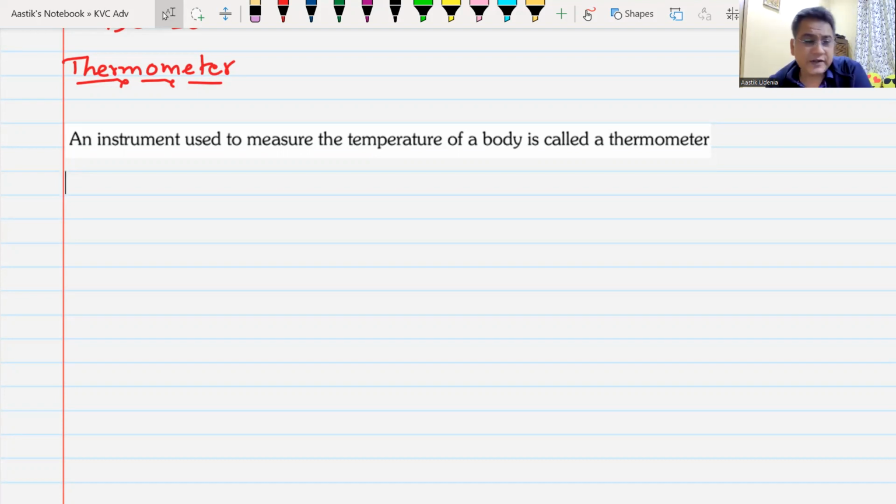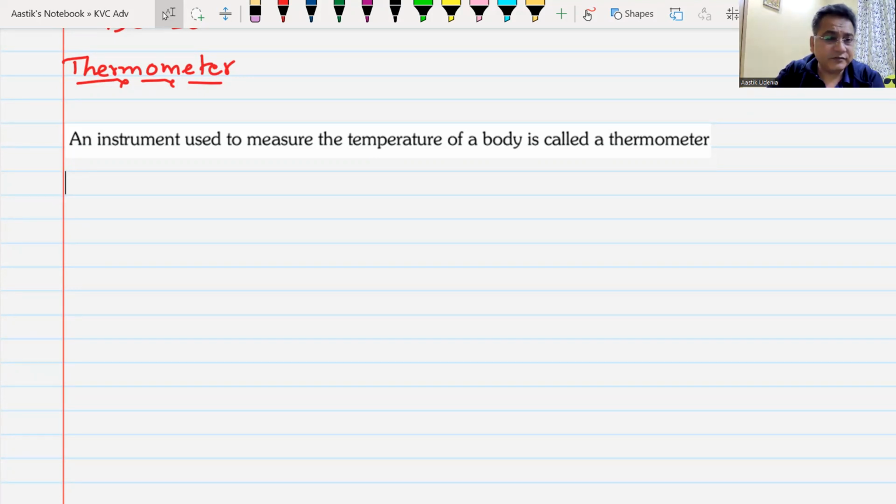Remember, whenever we are using different scales, the freezing point of water is not inherently 0 degrees Celsius. We have just assumed it to be 0 degrees Celsius so that we have a reference to make our scales. We know how to make our scales, but how do we make a thermometer? A thermometer must be based on some concept.